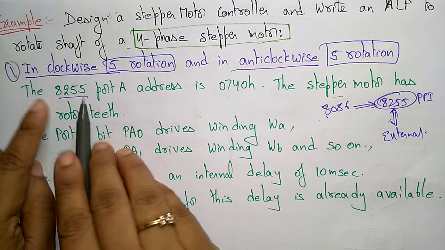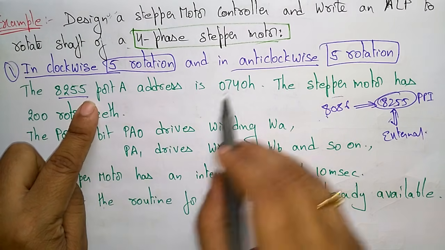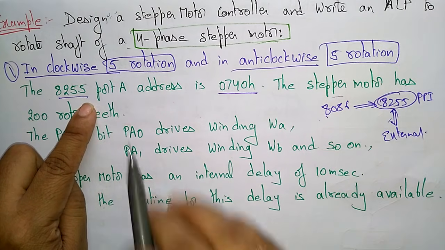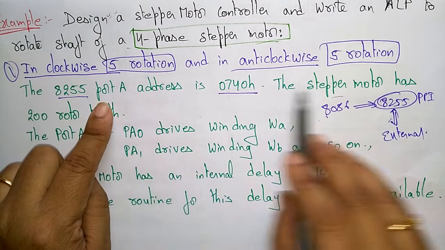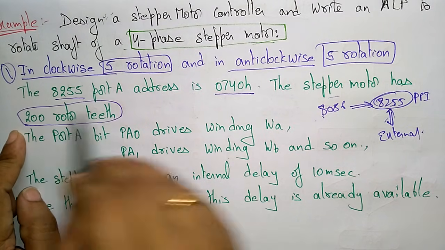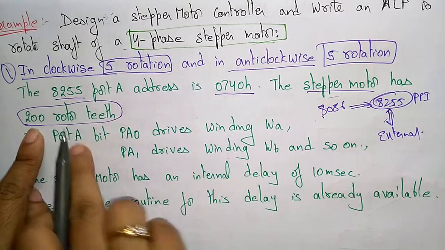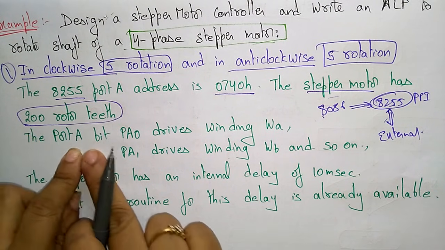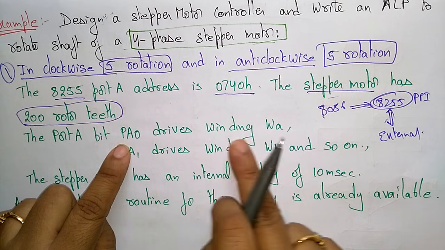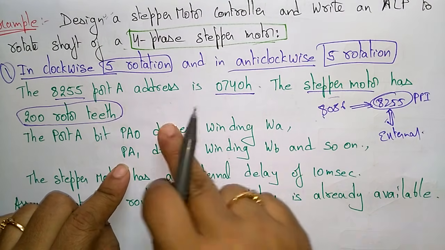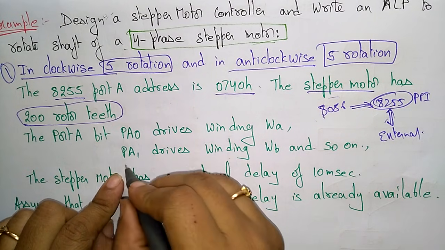So here also the 8255 port A address is given as 0740, which means the data will be taken to this port A. And the stepper motor consists of a total of 200 rotor teeth. The port A bit PA0 drives winding WA and PA1 drives winding WB, and so on up to PA7.